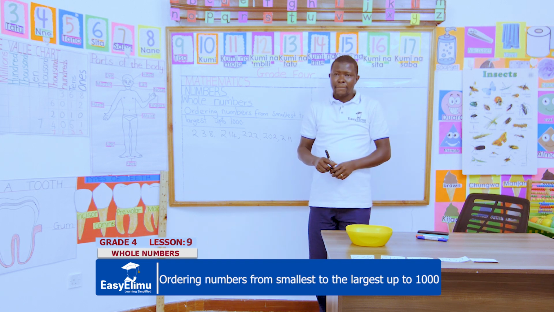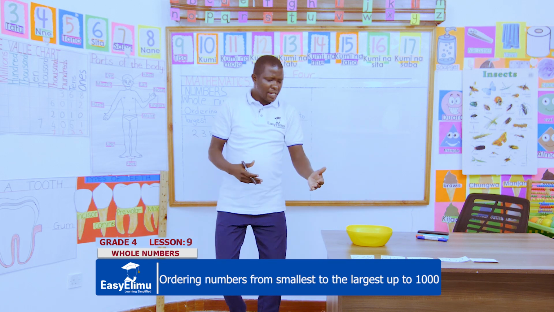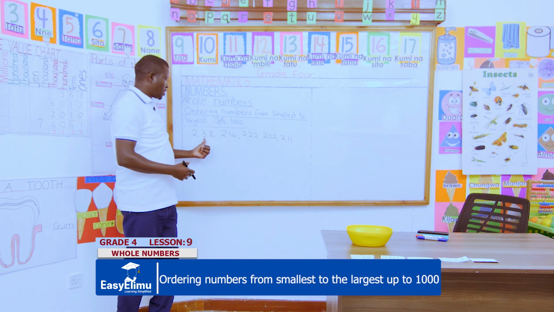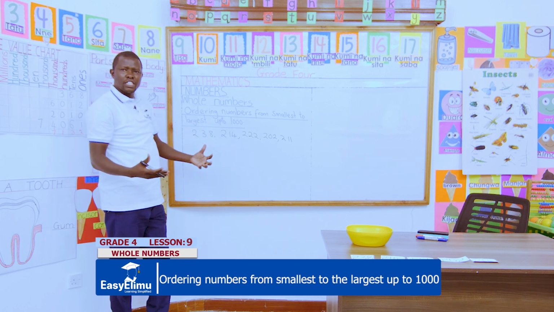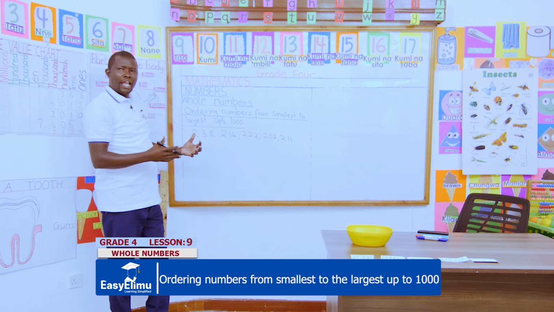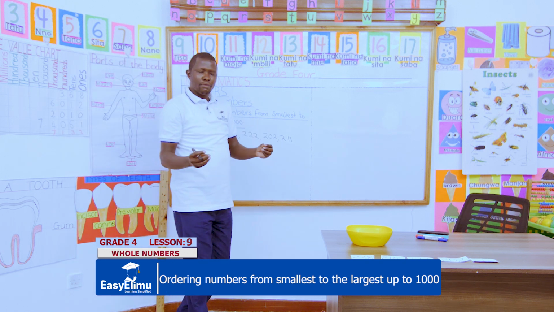Now, these numbers have been jumbled. 238 is the first one that we took, but it seems these numbers are not in the right order. We would like to work together in our groups and bring them into order.